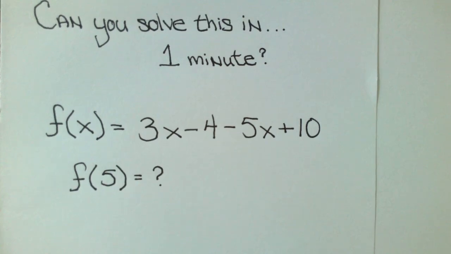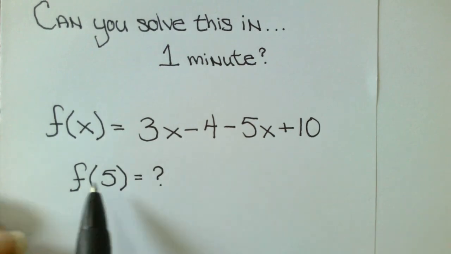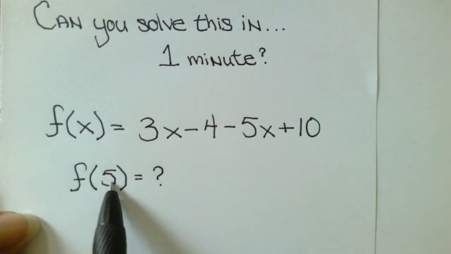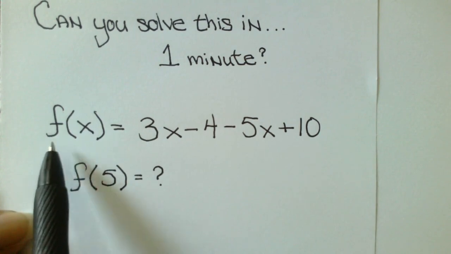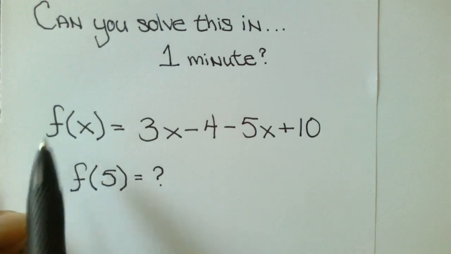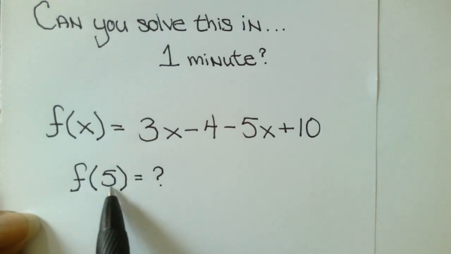Okay. So let's take a look. What we're looking at is what's called function notation. So we're basically looking at the function of x, aka your y value. Notice that the 5 and the x are in the same spots. They want you to look at this particular function, the f function, and put 5 where the x's are.